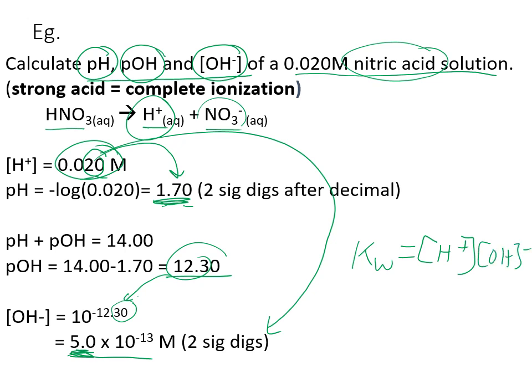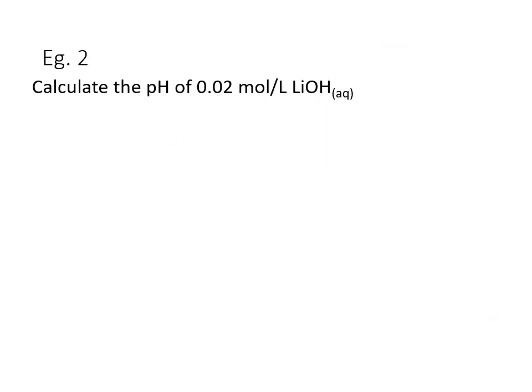And so we know Kw is 1.0, let's go 2 sig digs, times 10 to the negative 14 equals, we already know our hydrogen ion concentration of 0.02 moles per liter. And so we could solve for our hydroxide ion concentration that way and get the same answer. The way you do it is going to work out. So we have this relationship again between pH, pOH, OH, and hydrogen ion concentration.